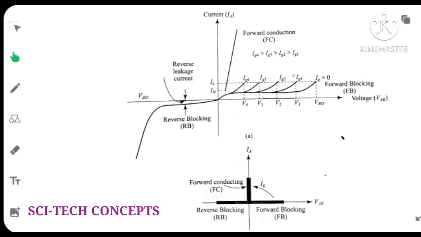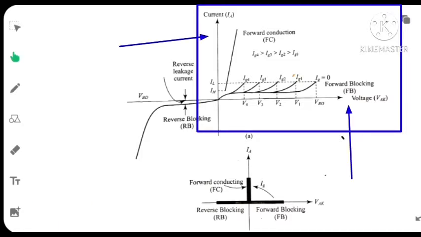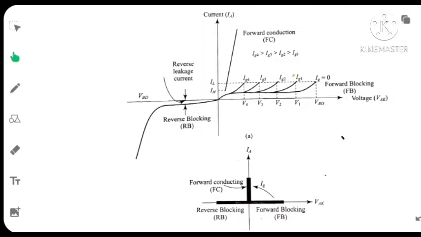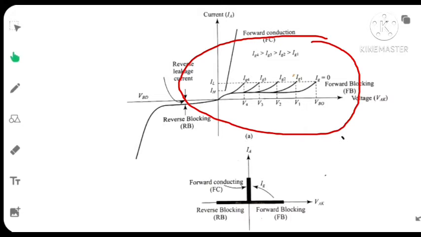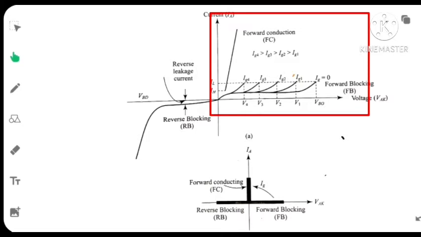Here in the first quadrant the anode to cathode voltage and the anode current have been plotted, and you can see that with the increase in the gate current, the voltage at which the device turns on is decreasing. In this experiment today we will study the first quadrant part, and also to some extent the reverse blocking part.